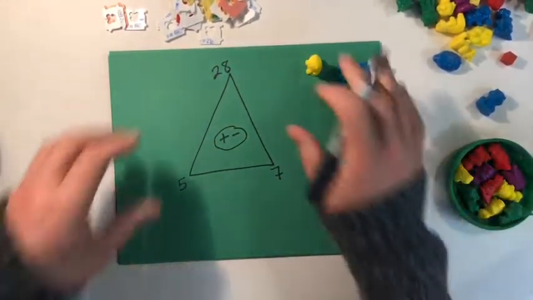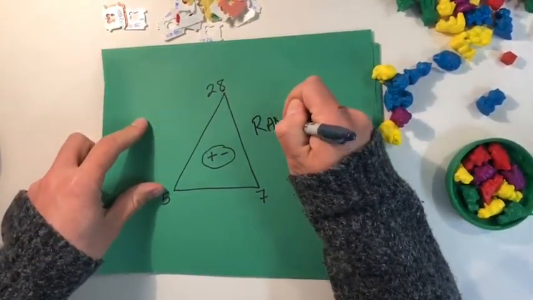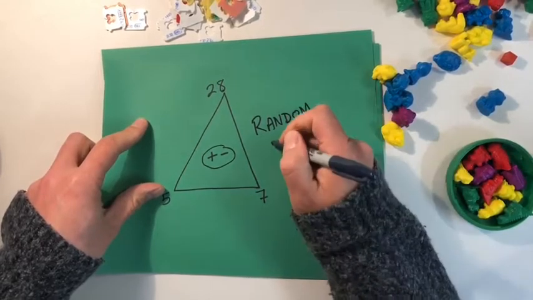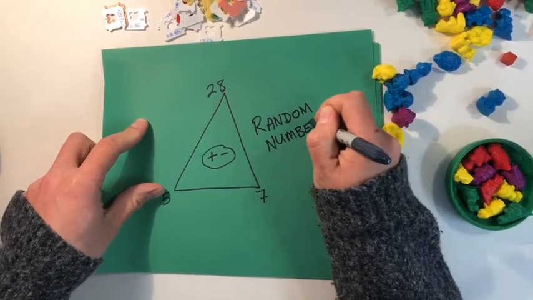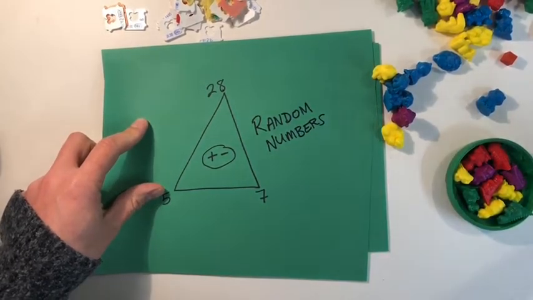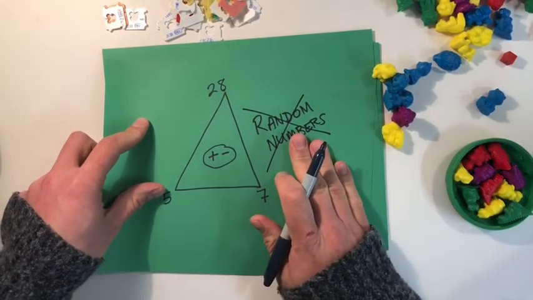These numbers don't work together. When we pick random numbers, all that we do is trick ourselves into thinking that we're correct and we've saved time and we're really fast, but we haven't done it correctly. So no random numbers, okay?